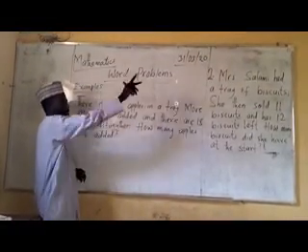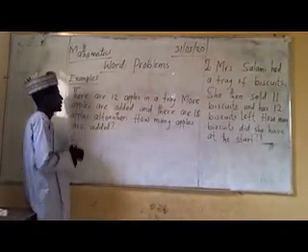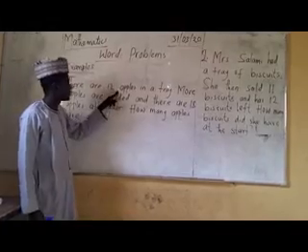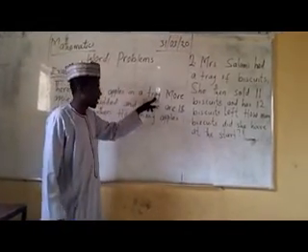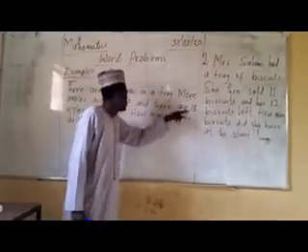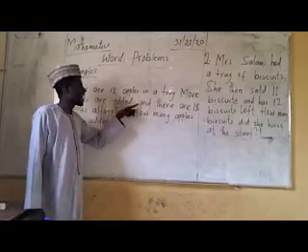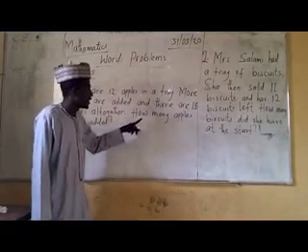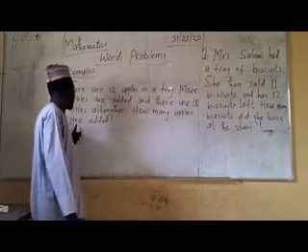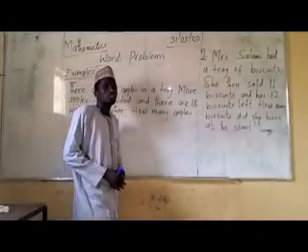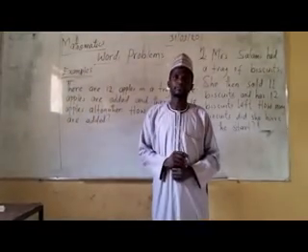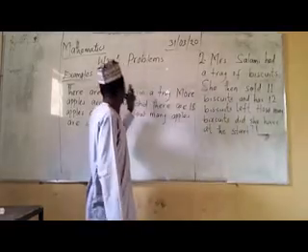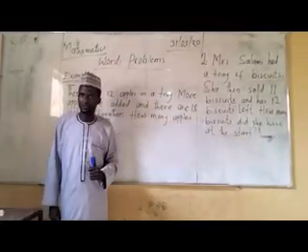So here are some examples. Number 1, there are 12 apples in a tray. More apples are added and there are 18 apples altogether. How many apples are added? It is just a tray with 12 apples.